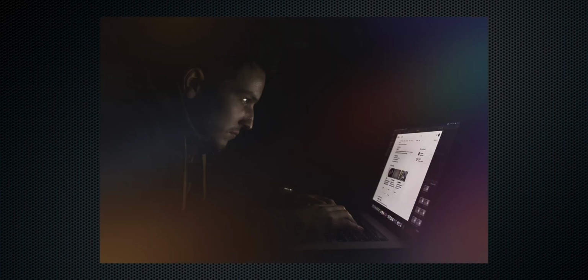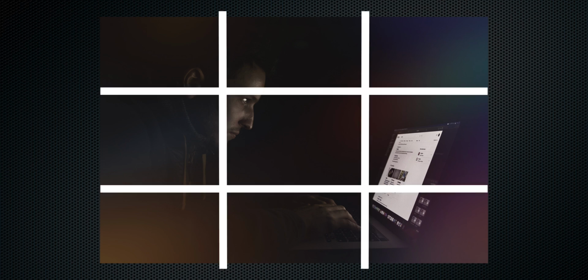So I have one here, and this is a self-portrait that I took whilst I was doing my 30-day photography challenge a couple of months ago. And you can see here that my eye is the main focus of this picture because it's glowing white. You can see it staring at the screen, and it is on that top line of the rule of thirds, and that is drawing the viewer's attention to that area of the picture.